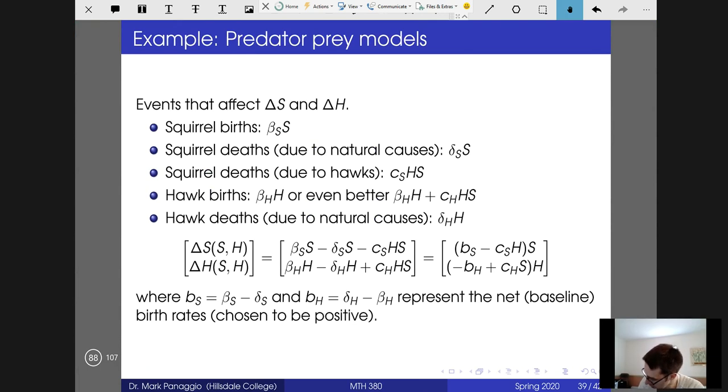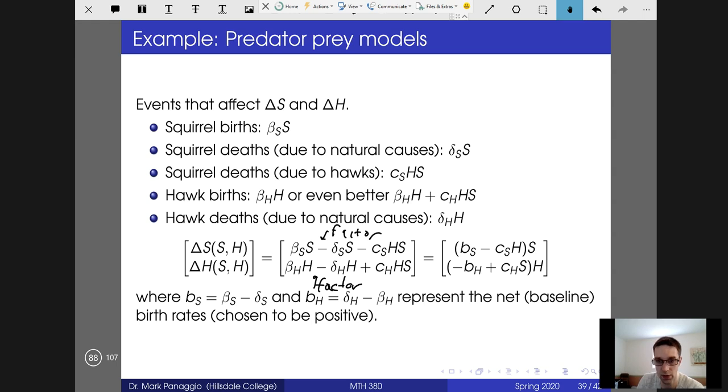And I guess I'll mention one more thing. You may notice that we can actually reduce the number of parameters by recognizing that beta S and delta S could be factored out. And the same thing would be true of beta H and delta H. We could factor out an S and an H there. And because of that, essentially only beta S minus delta S appears.